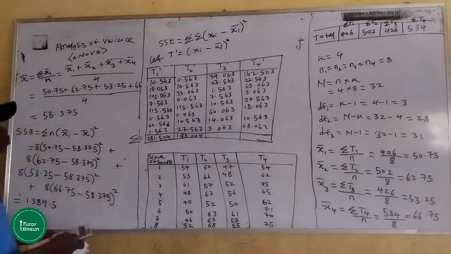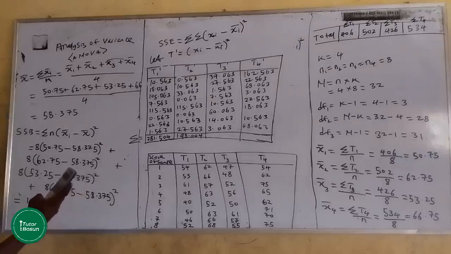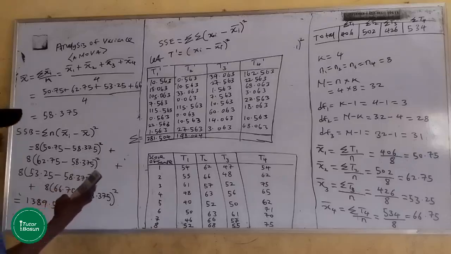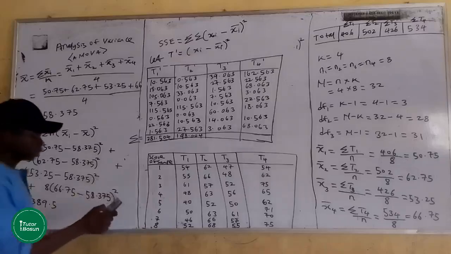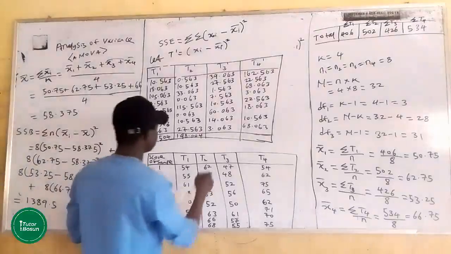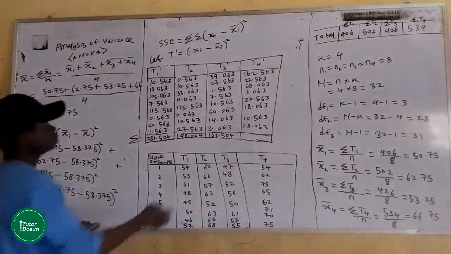We move to the next group, where we have 9.063 plus 27.563 plus 1.563 plus 7.563 plus 10.563 plus 60.063 plus 14.063 plus 3.063. So that's giving us 163.504.